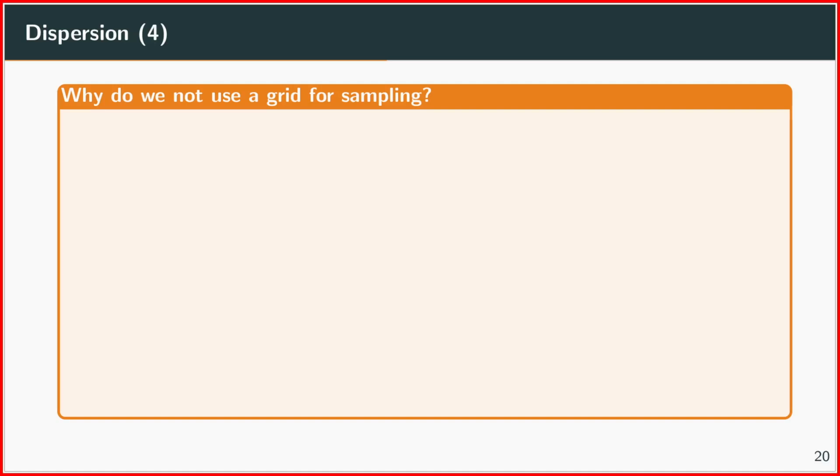If we do probabilistic sampling, we are guaranteed to, at some point, get a solution because we will find a sample in the doorway. That is true, but couldn't you just increase the density of your grid, make your grid finer and finer and finer?